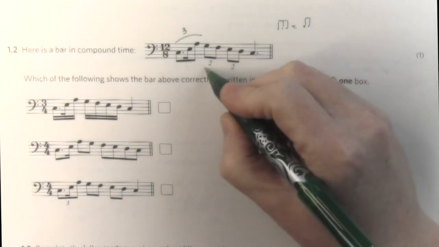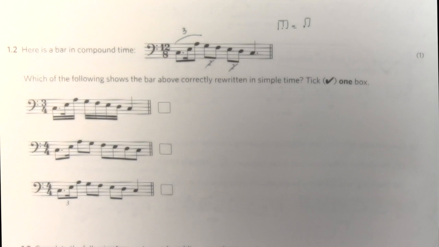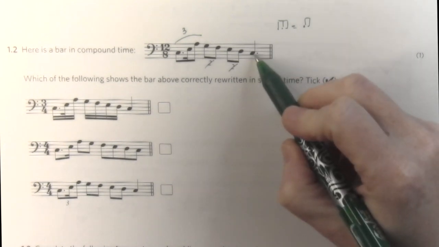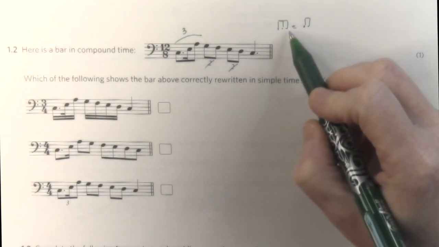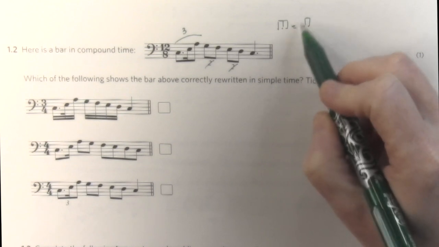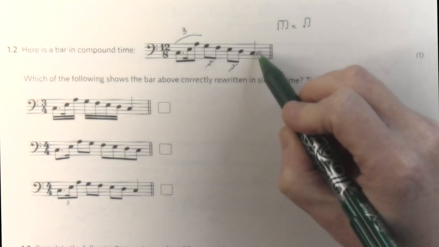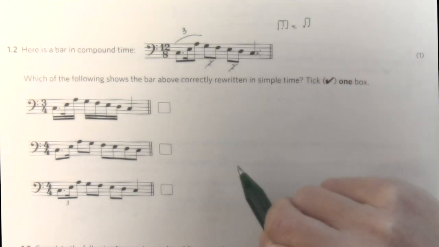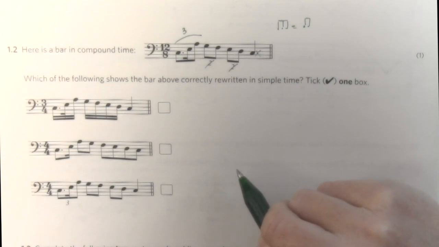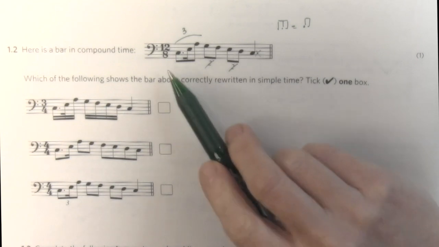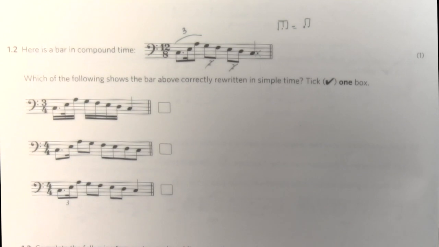So we can remove the special symbol. And a dotted crotchet that lasts 3 would simply last 2 by taking this dot away. There you go. So this is the figure that we need to find, and I believe that we have it here. So this is the correct answer.